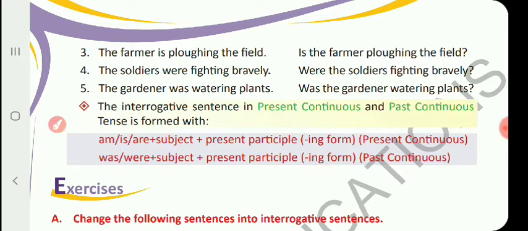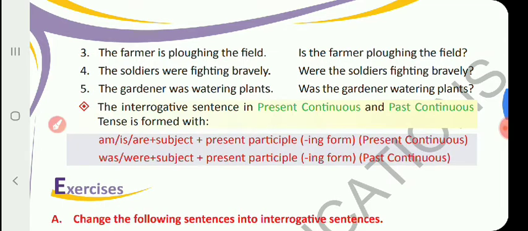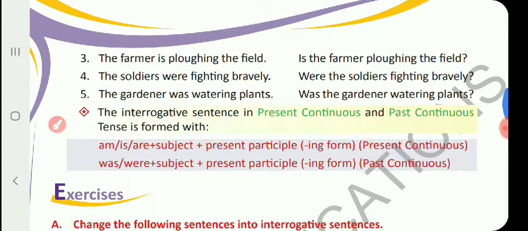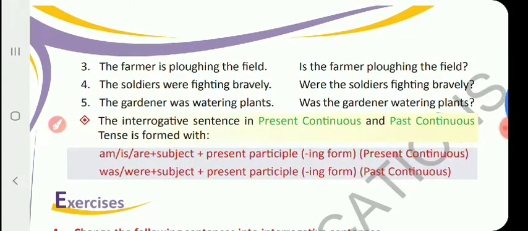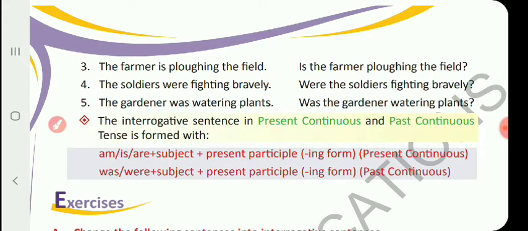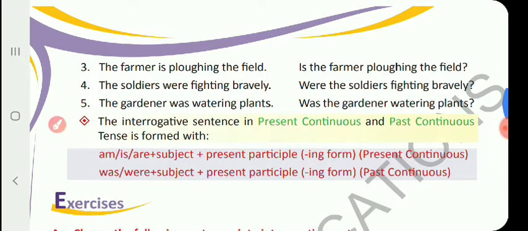That is in present continuous, isn't it? So with he, we use the singular verb is. According to the subject, if it is singular, take the helping verb is, then the subject, then the present participle, that is the ing form of the verb. Is he writing a book?